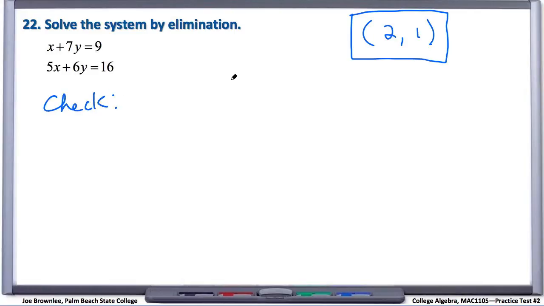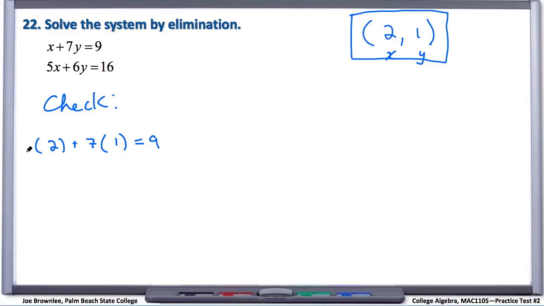And to do that, what we're going to do is take this ordered pair, right? This member is your x and your y, and we're going to plug this solution into each equation of the system to verify that we get a true statement. All right, so let's plug it into the top equation and see what happens. So we have x plus 7y equals 9, or if we're plugging in our solution, x, which is now 2, plus 7y, but y is 1, equals 9.